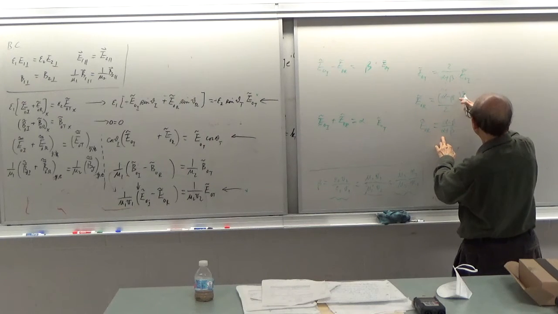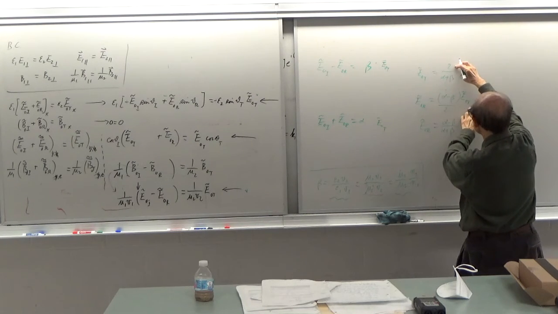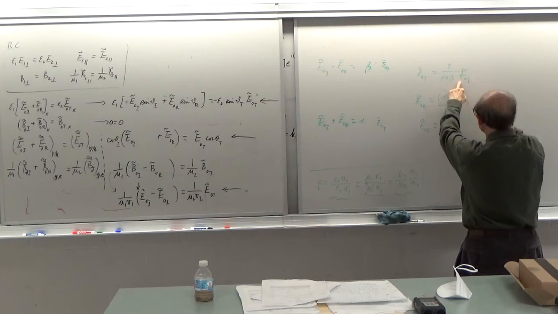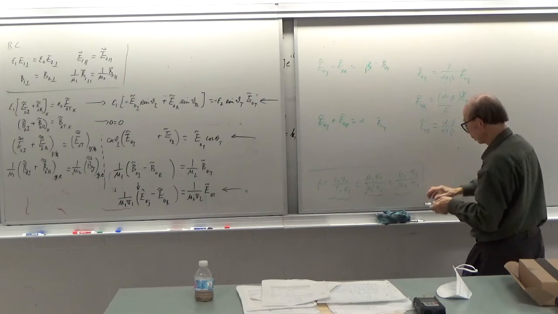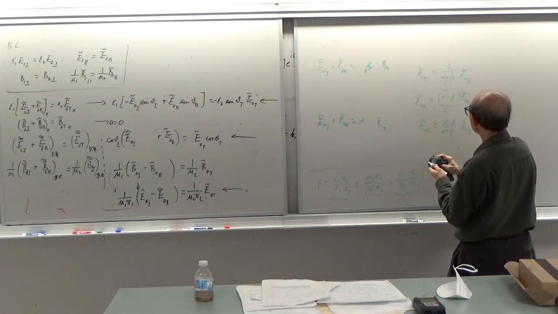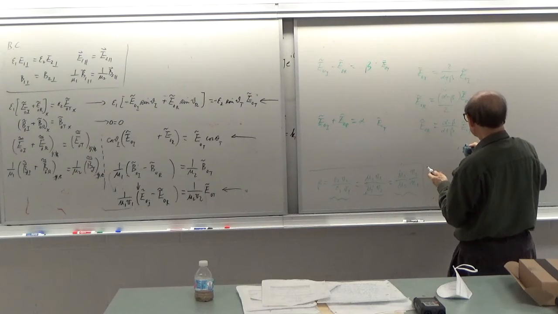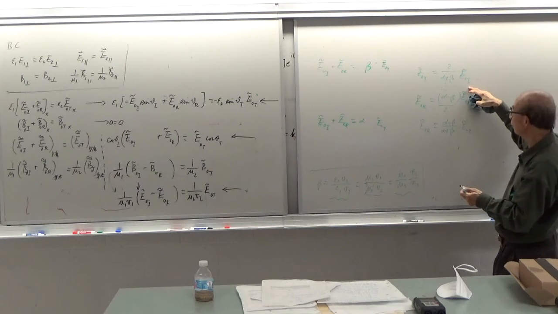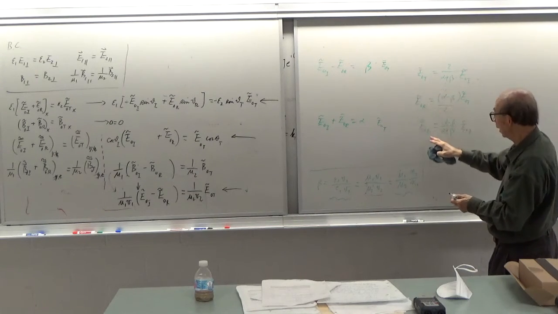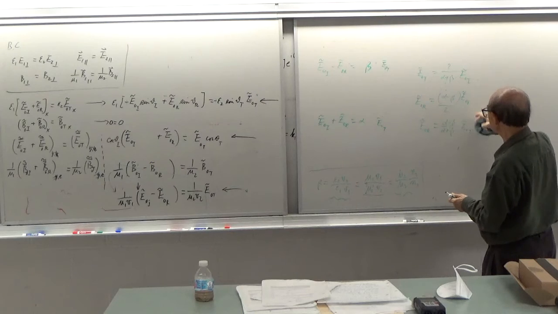This times this cancels, and then I have just this left, E naught R. So in terms of the incident amplitude, the transmitted amplitude and the reflected amplitude are given by these two equations.